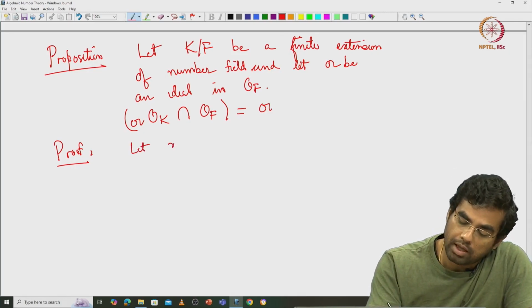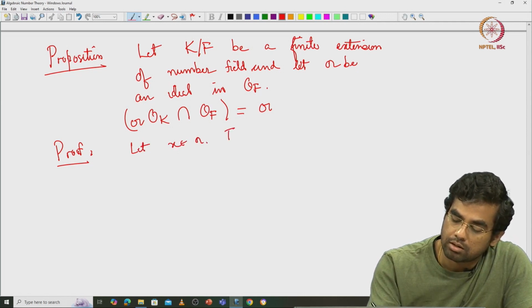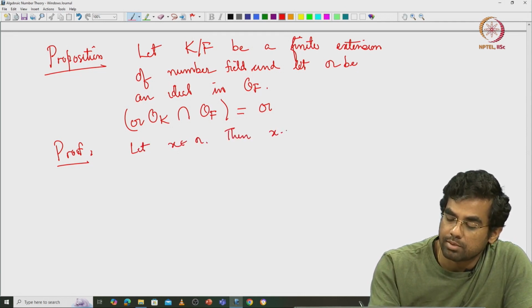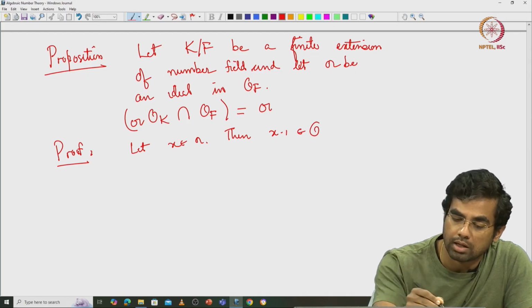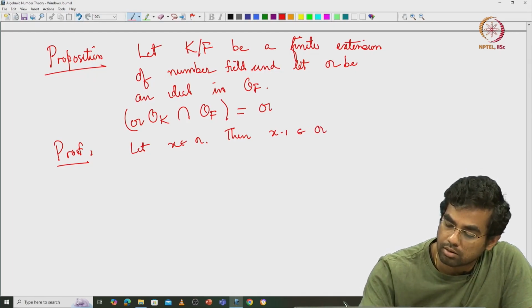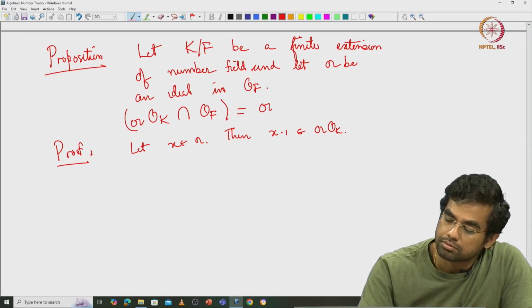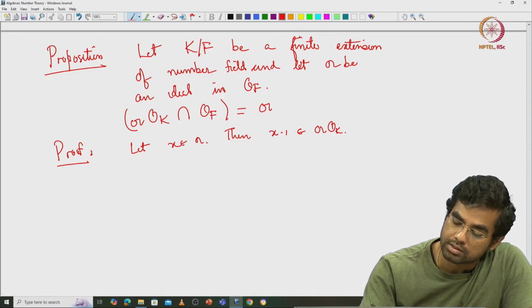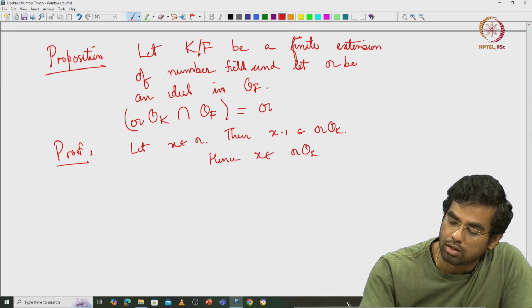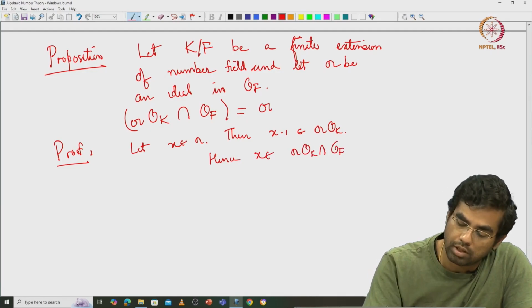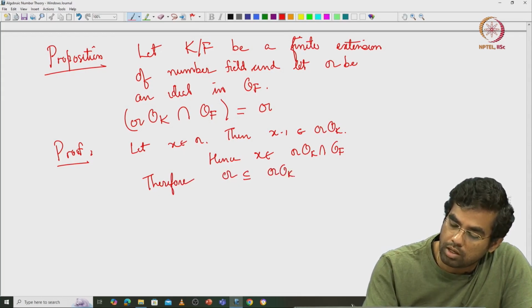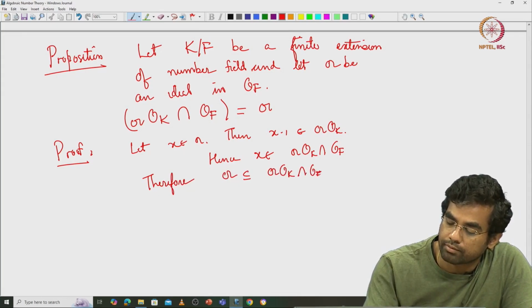So, let x belong to A, then x times 1 belongs to A times O_K, right, and hence x belongs to A O_K intersected with O_F. Okay. Therefore, A is contained in A O_K intersected with O_F. Okay. So, this is the easier inclusion.